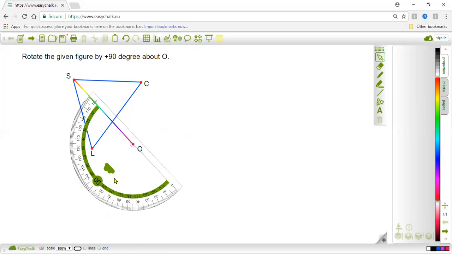If we place it like this, we can make an angle of 90 degrees with line SO in anti-clockwise direction.